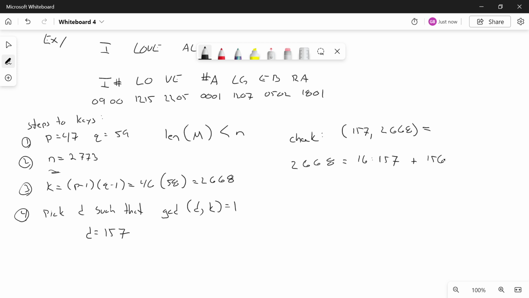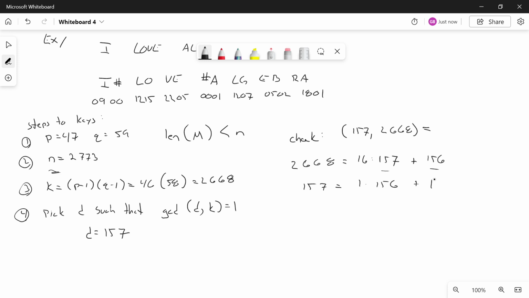In this case, I don't, so I repeat the process. Now for the next step, my divisor, this 157, now becomes my left-hand side. My remainder, that 156, is now going to be the divisor. So how many times does 156 go into 157? Well, it goes once, and I'm left with a remainder of 1.